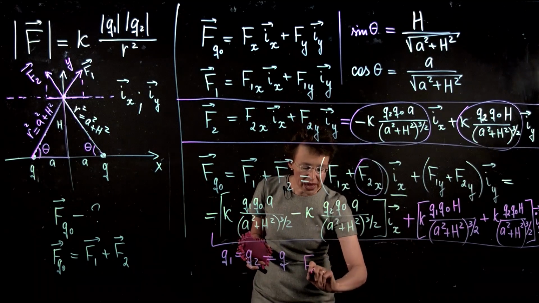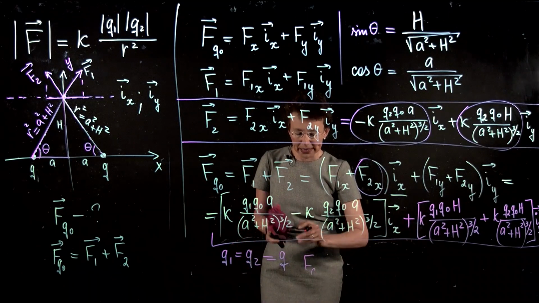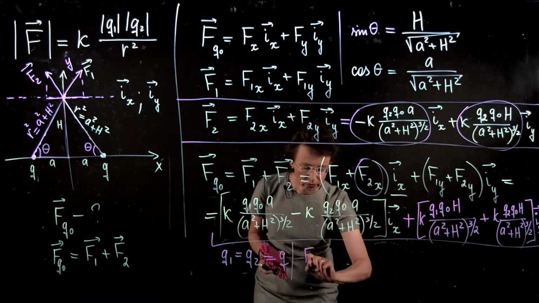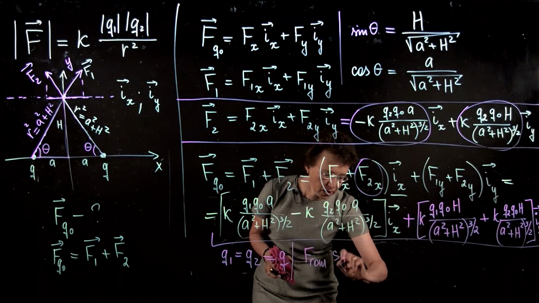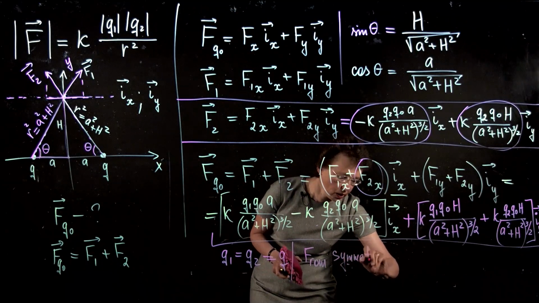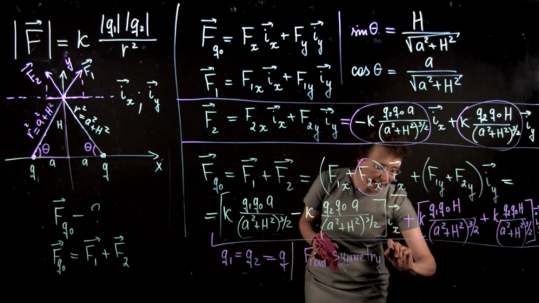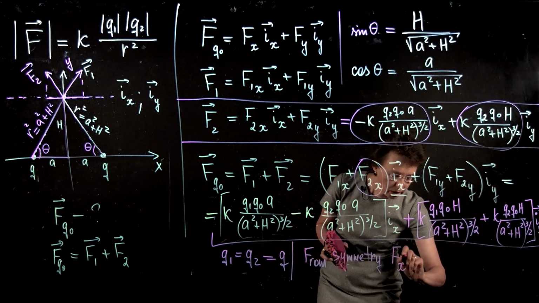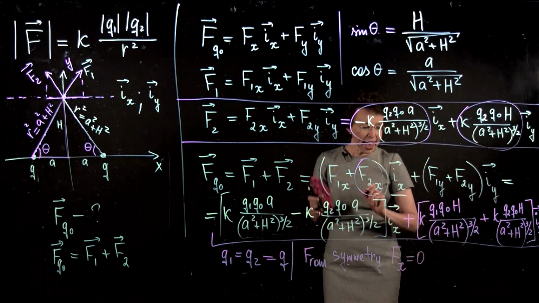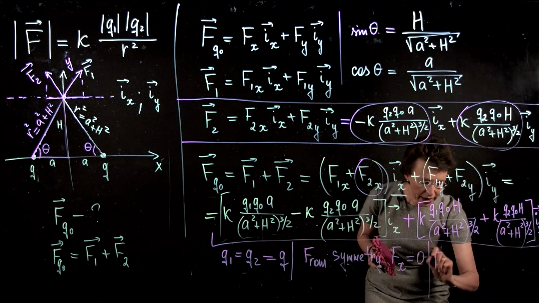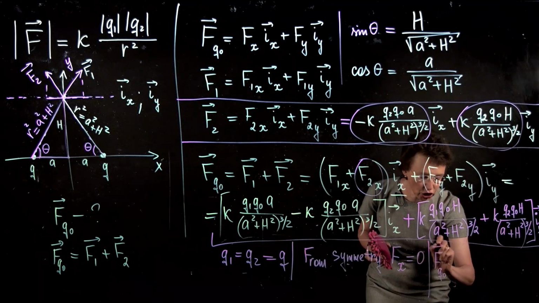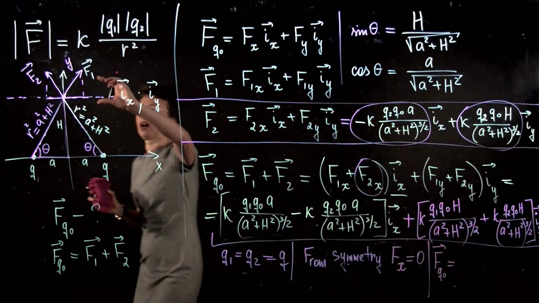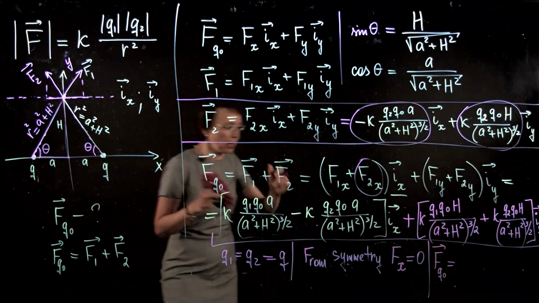So from the very beginning, we can write that from symmetry, Fx, net x component, will be 0, and for F on Q naught, we will have just twice the y component. Why twice? I can find just one, and then multiply it by 2.